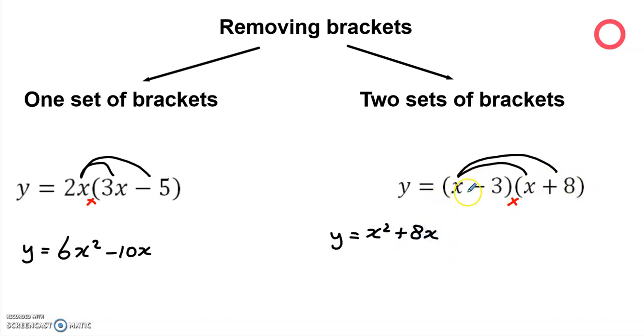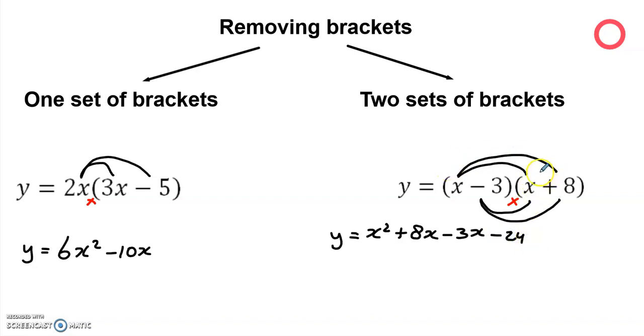So I'm finished with this one, and I'm going to continue with minus 3. So do not forget the minus. Minus 3 times x will be minus 3x. Last arc, minus 3 times positive 8. Remember, you have to calculate with a negative number, and this will be minus 24.